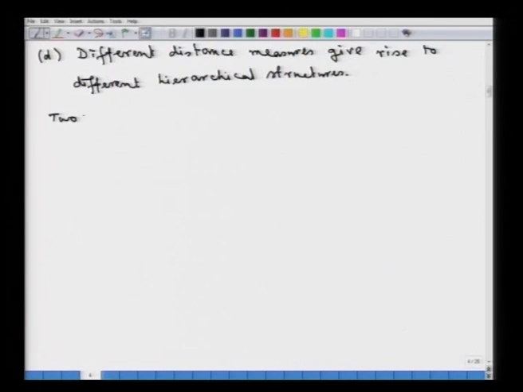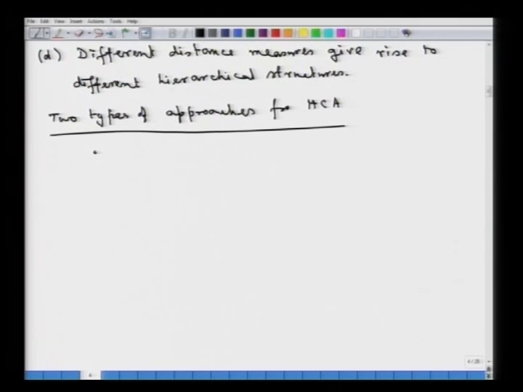Now the two types of approaches for this hierarchical cluster analysis formation are, the first one is what is called agglomerative hierarchical clustering method, and the second one is called the divisive hierarchical clustering method.